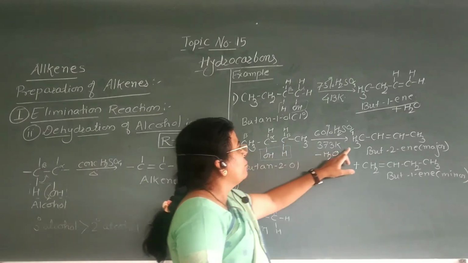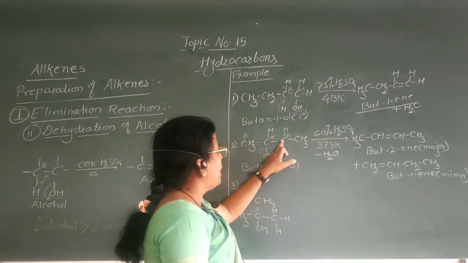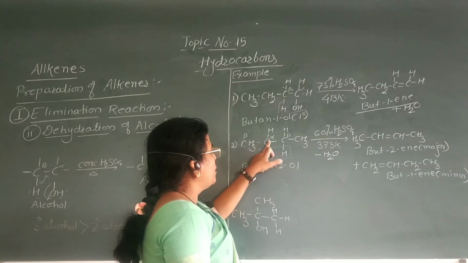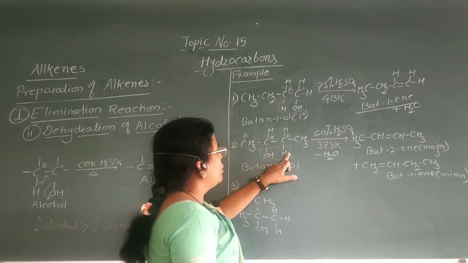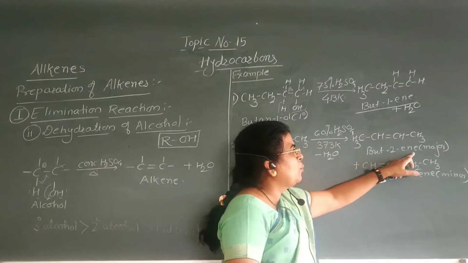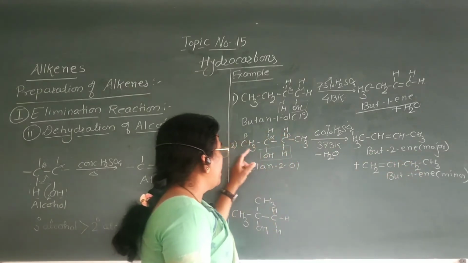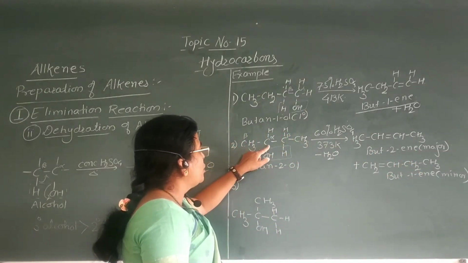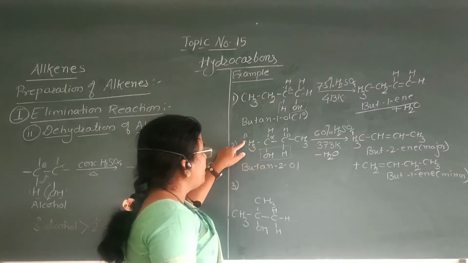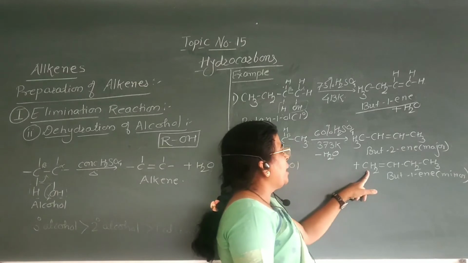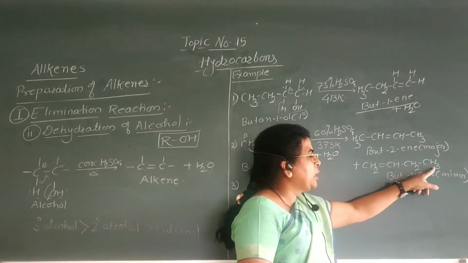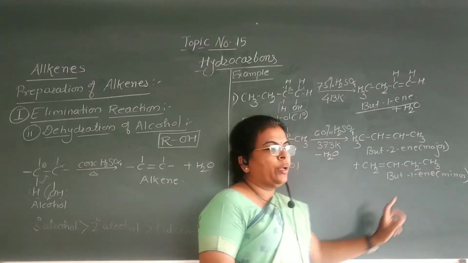Here first, if this alpha beta elimination, that is, hydroxy group from this alpha carbon atom and hydrogen atom from this beta carbon atom is removed, then we'll get but-2-ene as a major product. And if the hydroxy group from this alpha carbon atom and hydrogen atom from the other beta carbon atom is removed, then we'll get but-1-ene, that is CH2=CHCH2CH3, as a minor product.